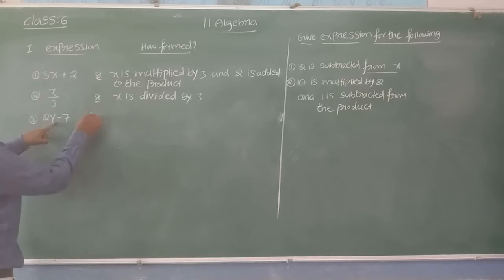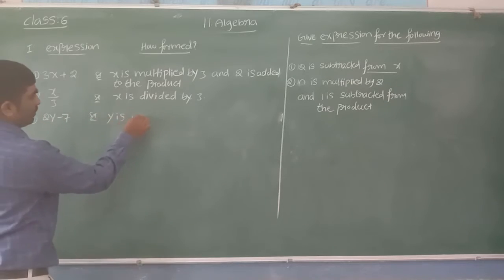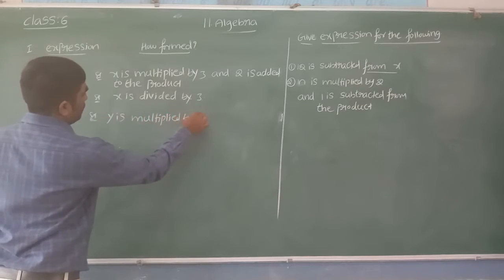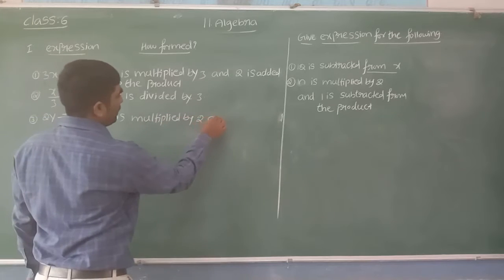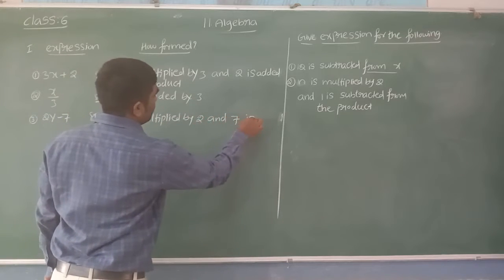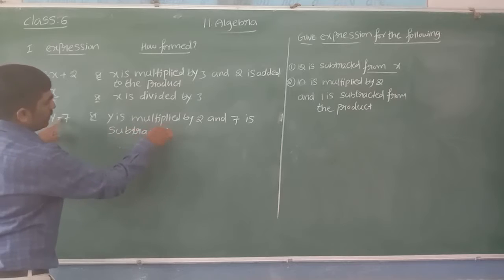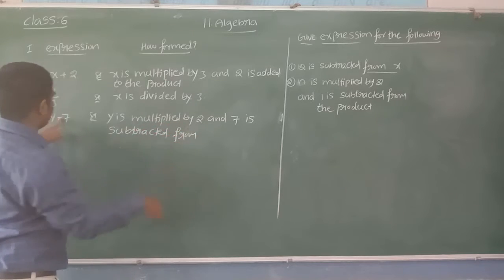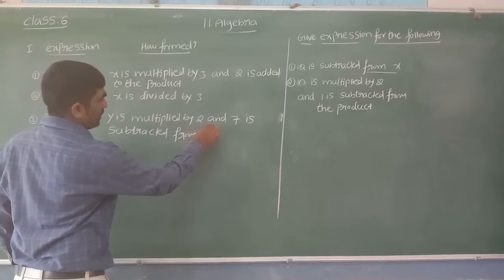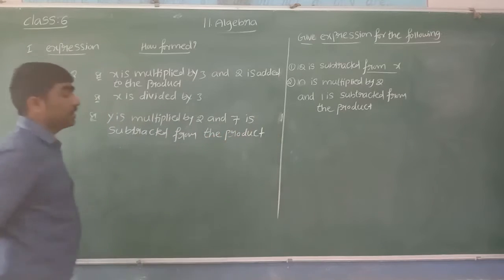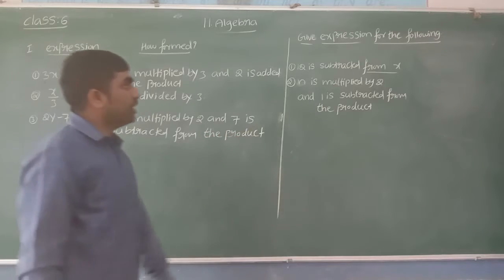We can write here, y is multiplied by 2 and 7 is subtracted from the product. I mean multiplication. So like that you can write the statement for the given expression. Now here we have some statements.